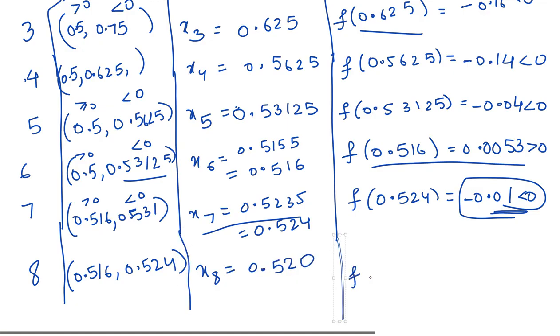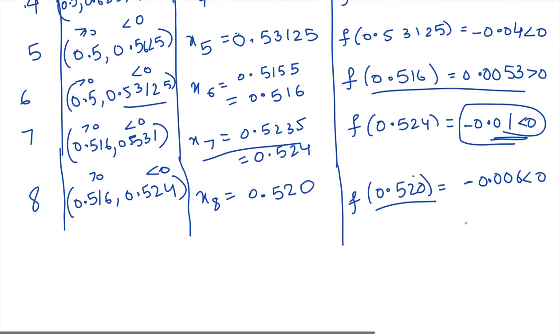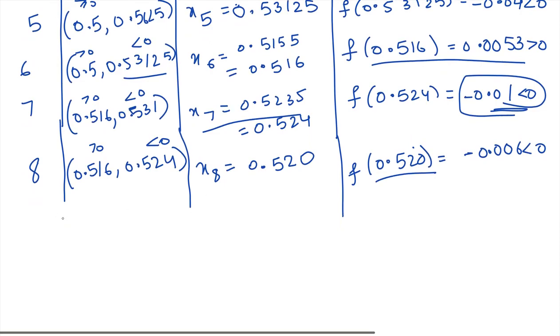Okay, now f of 0.520 is minus 0.006, which is less than 0. So this was greater than 0, this is less than 0, and the middle value is also giving us less than 0.